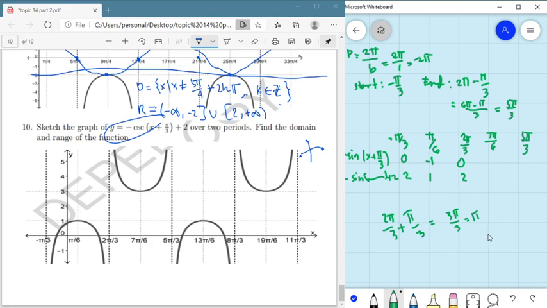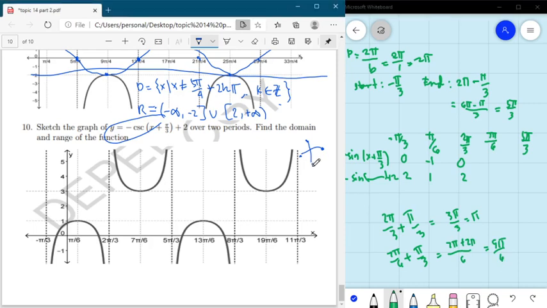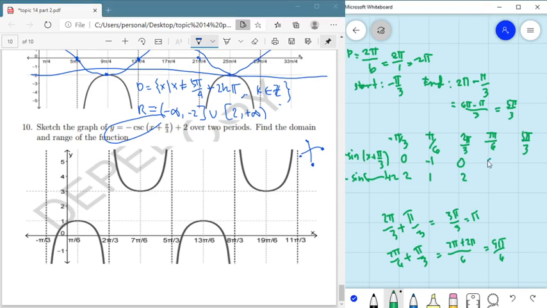And then for 7 pi over 6, 7 pi over 6 plus pi over 3 equals 9 pi over 6 or 3 pi over 2. So, at 3 pi over 2, the sine here is negative 1, times negative is positive 1.